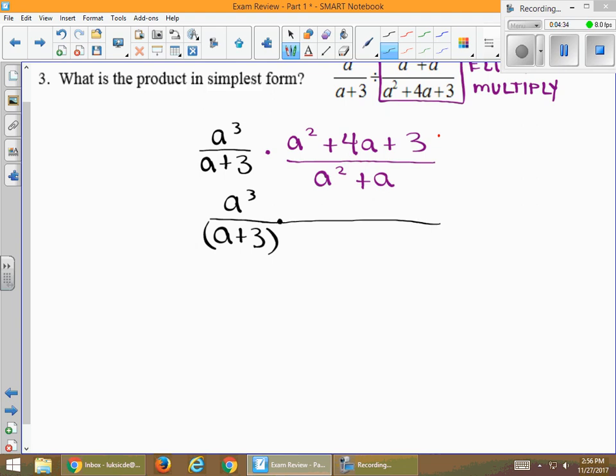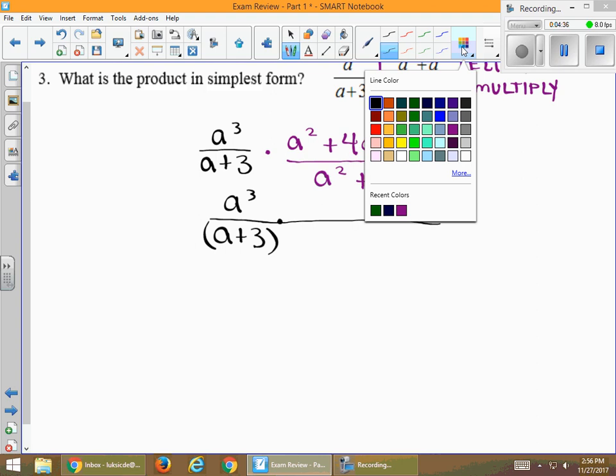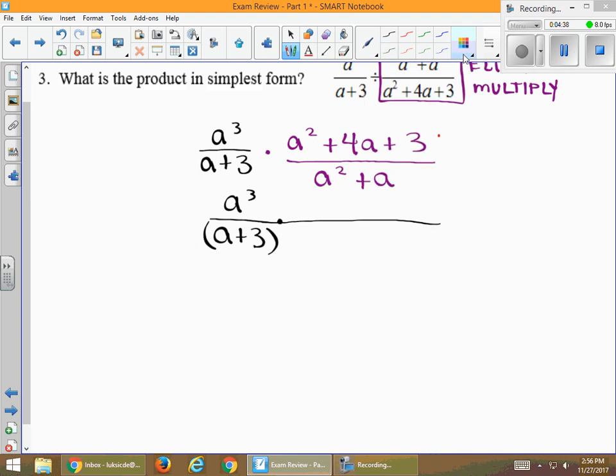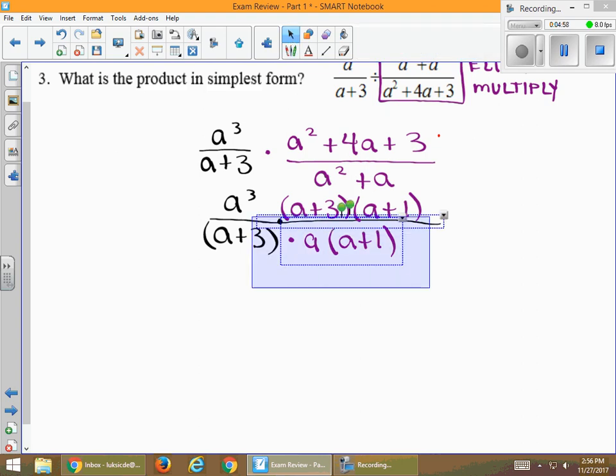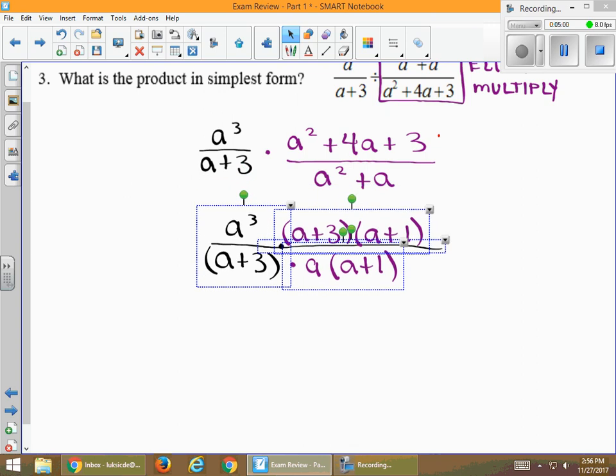So a squared plus 4a plus 3, two numbers that multiply to 3 and add to 4 are positive 3 and positive 1. A squared plus a, those have an a in common, so that's when I'm going to GCF out. Sorry, those are a little scrunched there. I'll space that out a little bit for you.